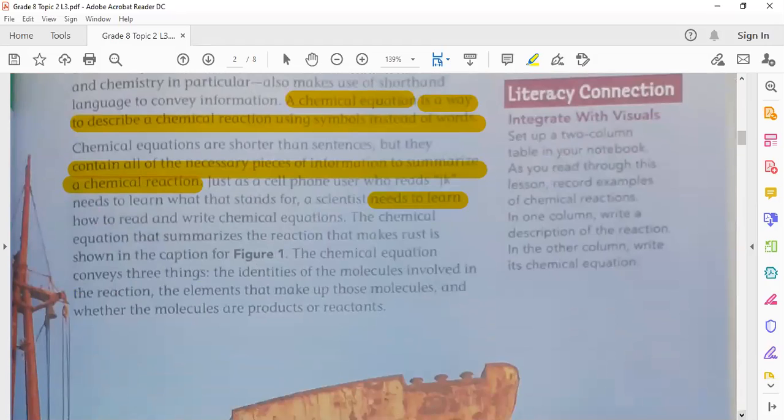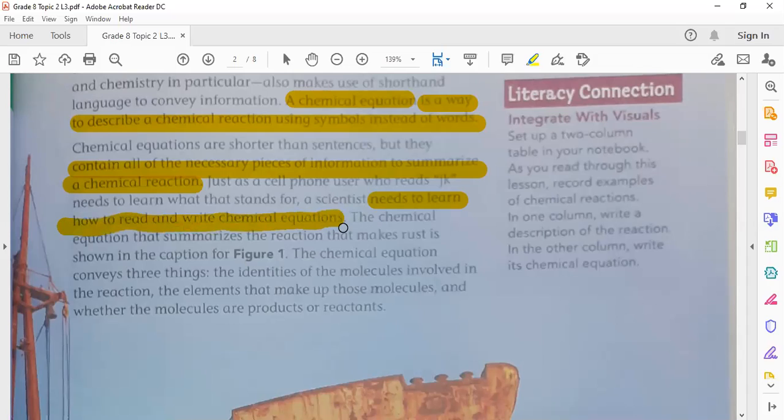So scientists and students need to learn how to read and write chemical equations. You have to know the chemical formula for the compounds or elements. You have to know what subscripts are, what coefficients are. So you need to learn how to read and write equations.